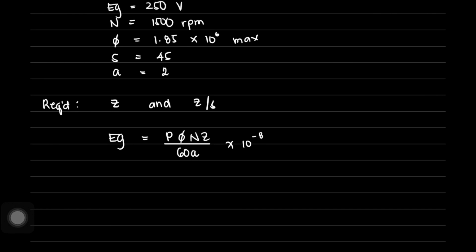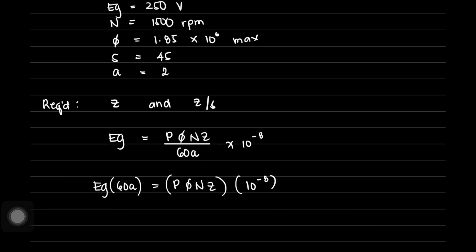So if we're going to cross multiply the given equation, we'll be having Eg multiplied by 60 times A equals P multiplied by phi N Z multiplied by 10 raised to negative 8.